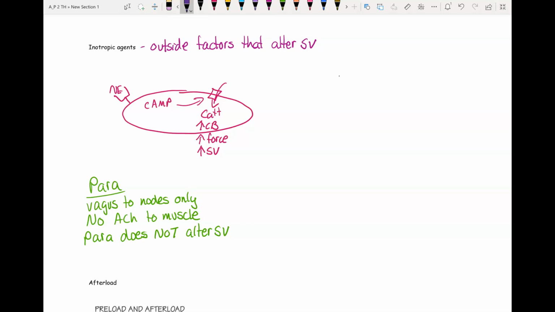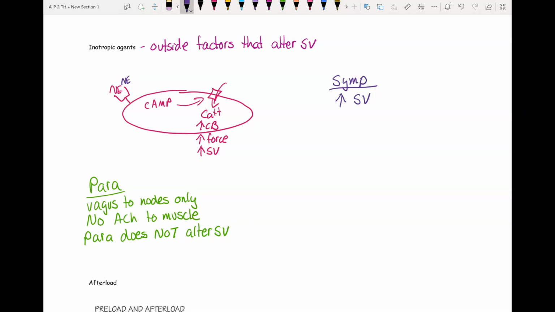Remember that sympathetic does increase force. Because the norepinephrine combined, you get the cAMP, you get the extra calcium. This is what sympathetic does. So this is the cycle of what norepinephrine does. So sympathetic will make your heart pound.